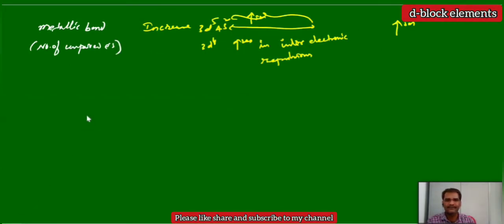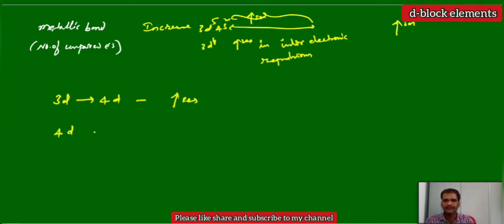Now, similarly, if we see from top to bottom in a group, from the 3d to 4d series, top to bottom we know that radii increases. So from 3d to 4d it increases.